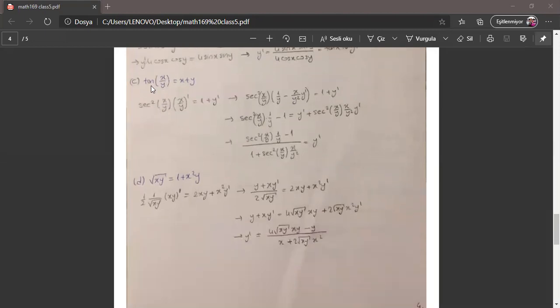So here we have tangent of x over y equals x plus y. This one's derivative is easy, 1 plus y prime. This one's derivative, you already know these better than me, so I don't explain it clearly. Secant squared times this one times the inside function's derivative, x over y's derivative.